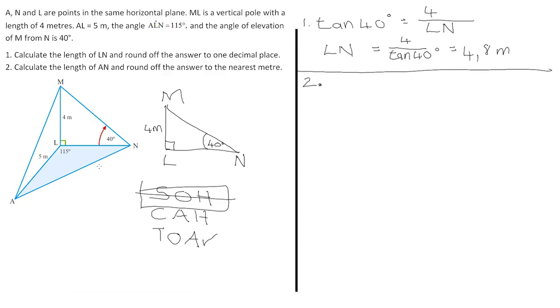Now AN forms part of the bigger triangle AMN, but it also forms part of the smaller triangle ALN, which means AN is right opposite that 115 degrees. So in this instance, let's draw the non-right angle triangle.